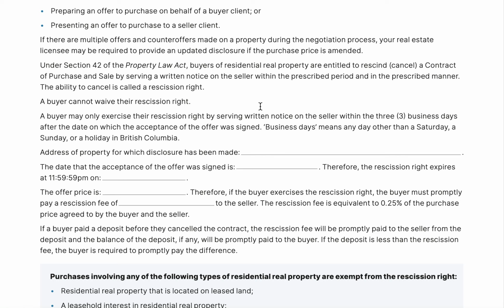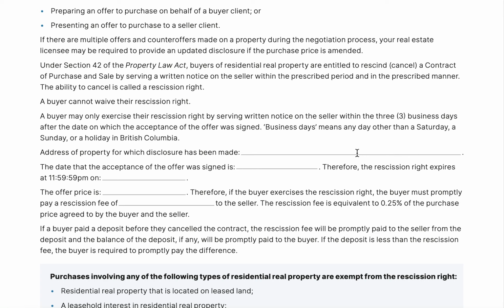So on the contract of purchase and sale, which I don't have included here because it's not part of the listing package, I wanted to include this document so everybody sees it. Basically, they have 3 business days from the date of acceptance, and then you will see that date here.